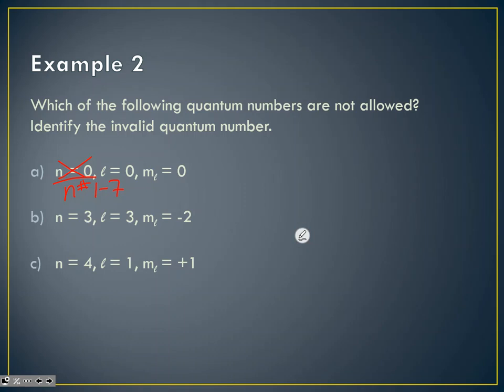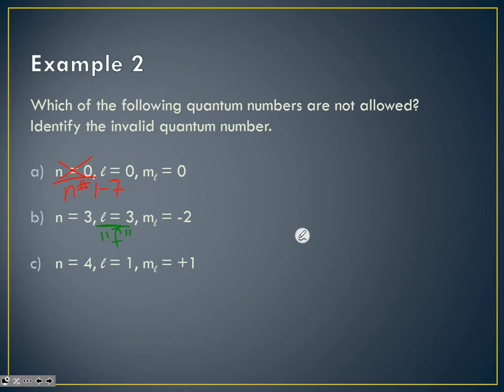What's wrong with the sublevel? I think you're onto something. That one is wrong. But why is it wrong? What does L equals 3 tell me? That it's a what? It's an F, right? It's an F. Does the third energy level have the F's?